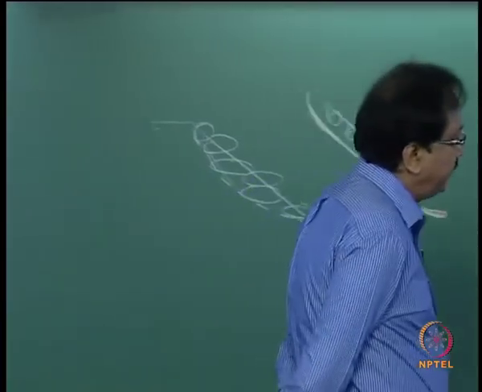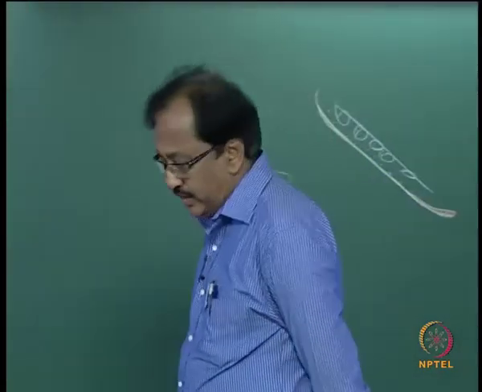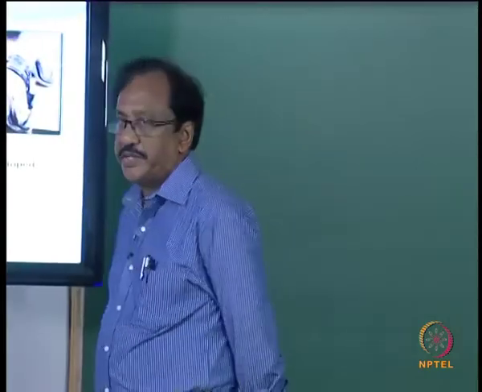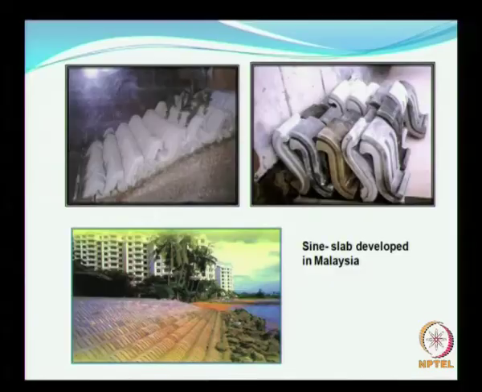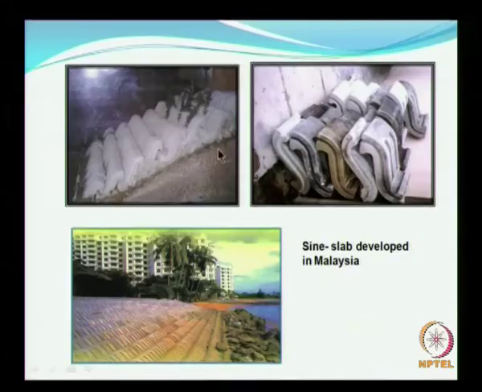So there are other types. This is a science lab which has been introduced in Malaysia, and it was done by one institute under the University of Technology Malaysia, where they have used what is called a science lab. It is something like this, it goes and glues to another, and this is how the revetment can be formed.